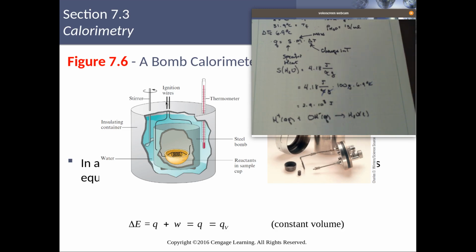Now, I emphasize that this is probably not an experiment you're going to do in freshman or general chemistry, but you would do this in a calorimetry laboratory, specifically if you want to know how to determine the number of calories in a food quantity. Well, this is exactly how it's done.